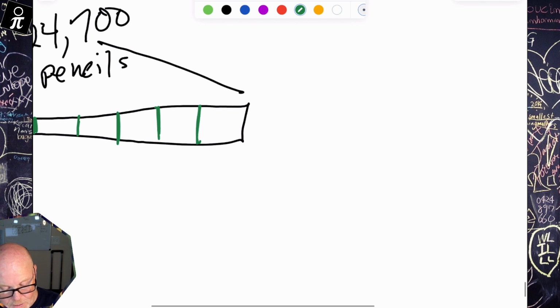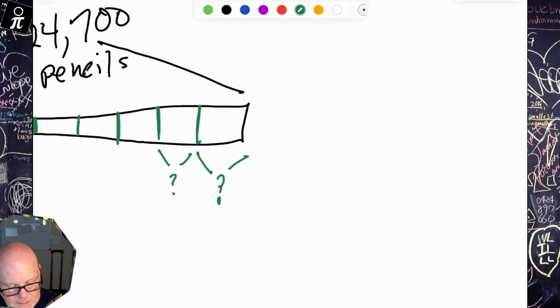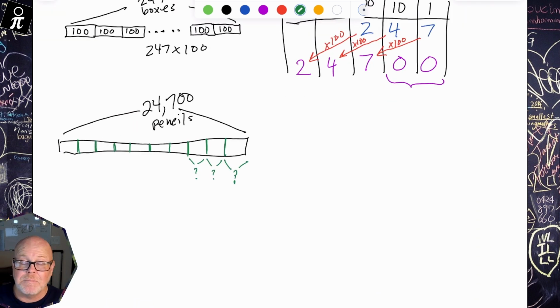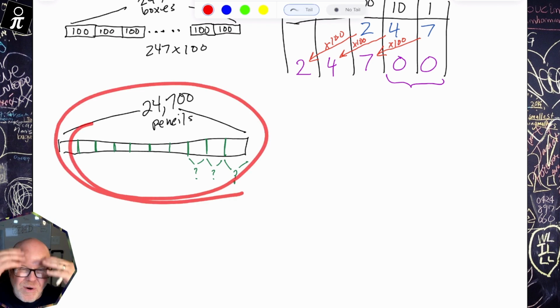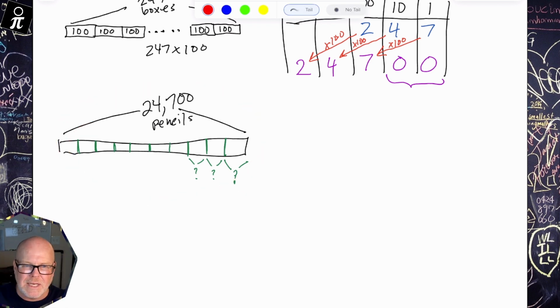And so I want to know how many go in each one of these boxes, because I want to know how many pencils each of the 10 classrooms gets. So there's our visual representation to show how to make sense of what's going on here.